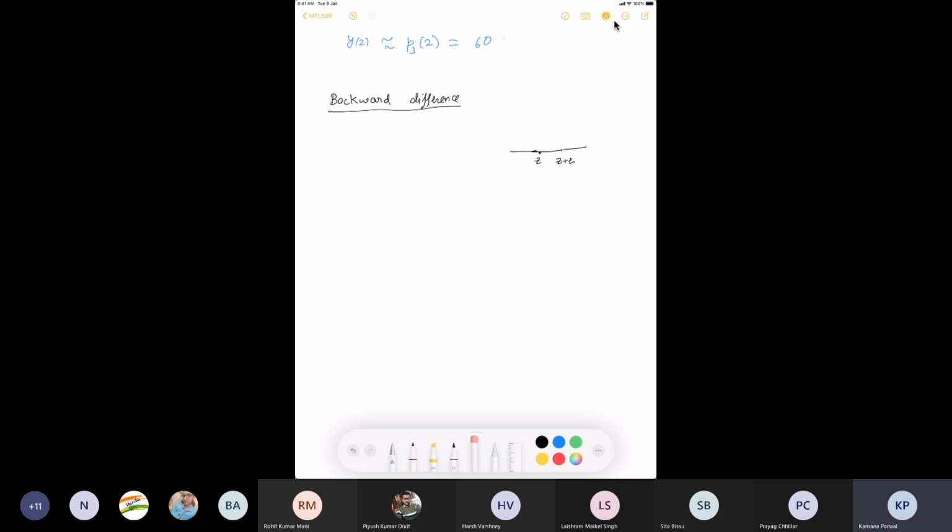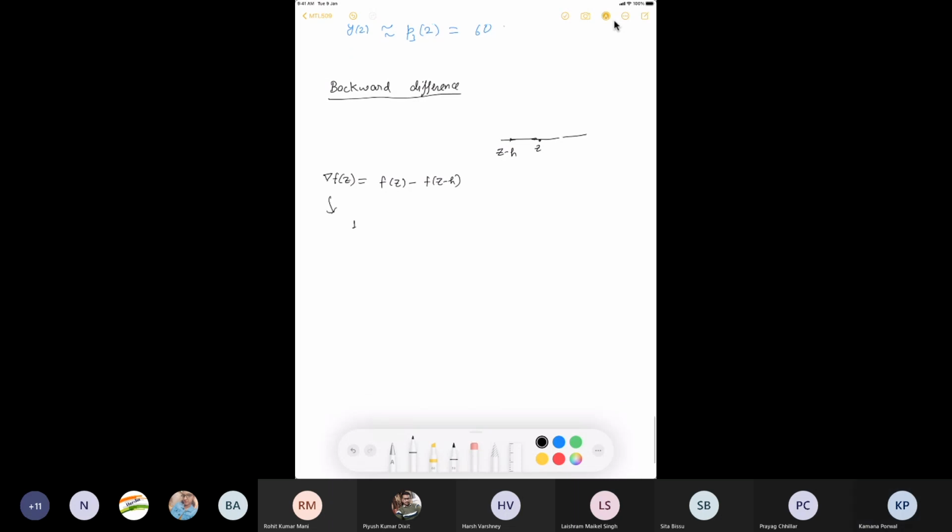As the name says, instead of moving forward, I'll be moving one step backward. So I'll be going to Z minus H. I'm going to consider this difference, F(Z) minus F(Z minus H), and this is called the first backward difference of F at Z.